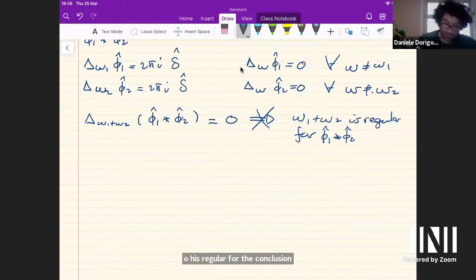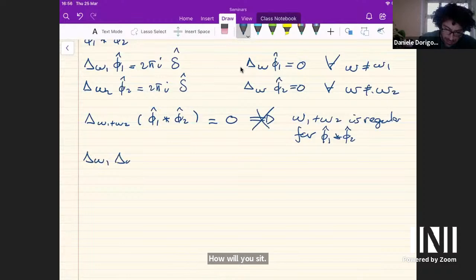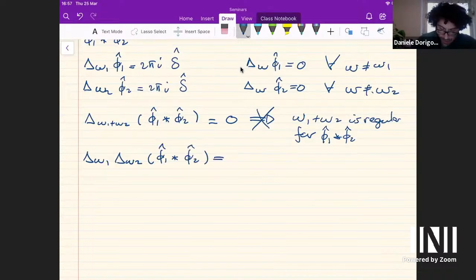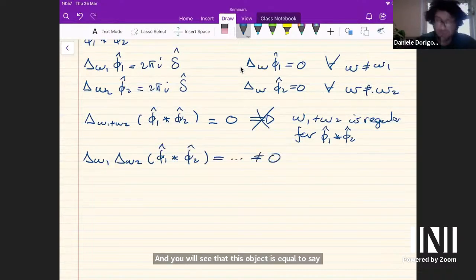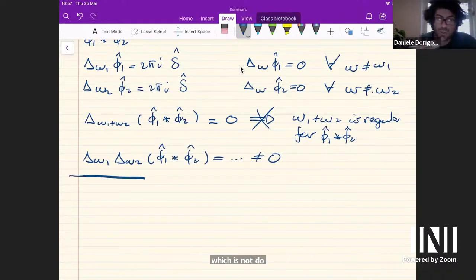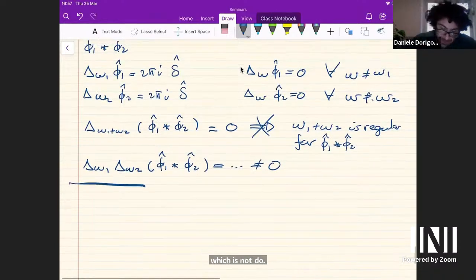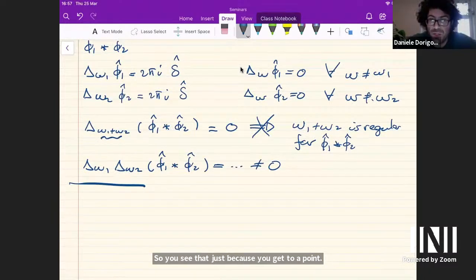How would you see it? Final part of the exercise. Compute delta omega 1, delta omega 2 of the convolution. And you will see that this object is equal to something which is not 0. So you see that just because you get to a point, the point omega 1 plus omega 2, you should actually check all the possible ways of reaching that point.